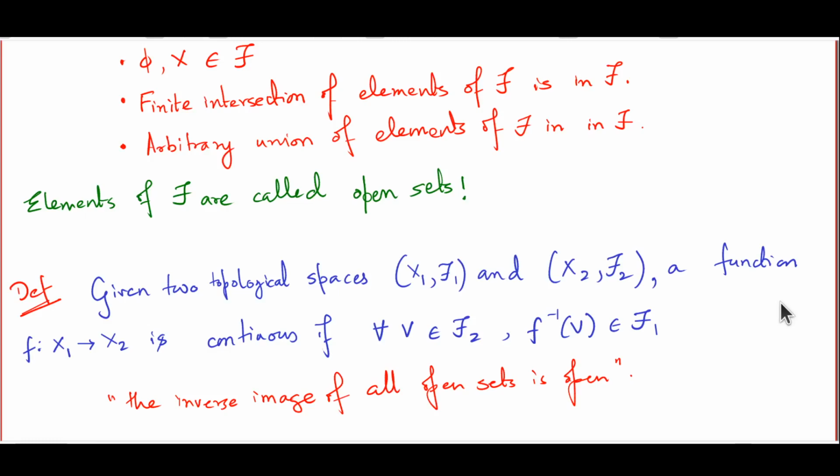In a metric space, you can prove that the inverse image of every open set is open. But there, the open sets were defined using the metric, ultimately, and we showed that this definition of continuity was actually equivalent to the epsilon-delta definition of continuity using metric functions.